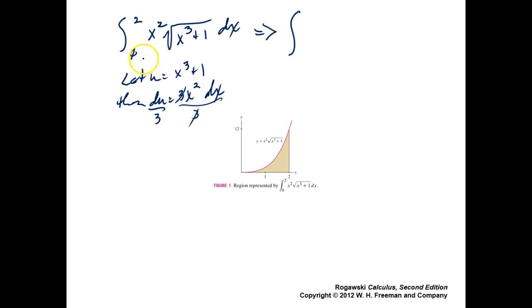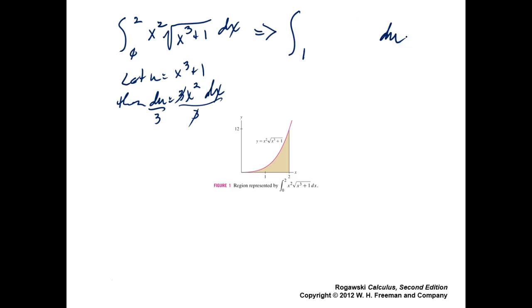Remember, whatever your limits are here, that's x equals 0 to x equals 2. So I'm going to plug in x equals 0, and u is equal to 1. So your lower limit is going to be 1 when you get to u's.